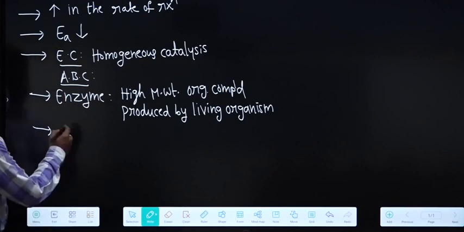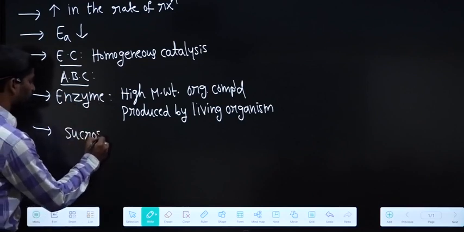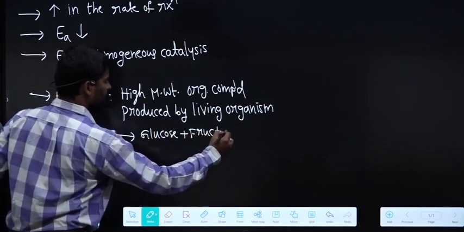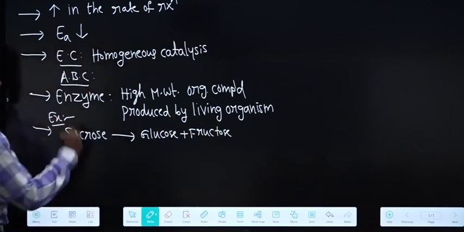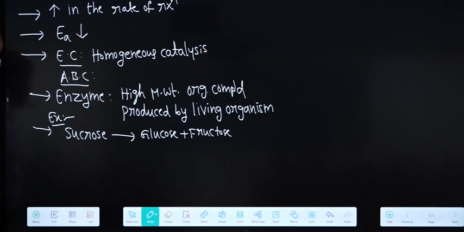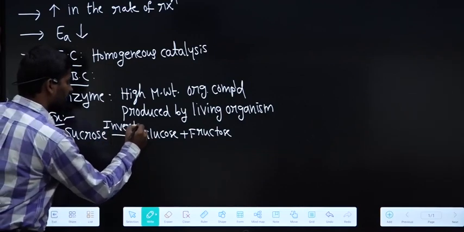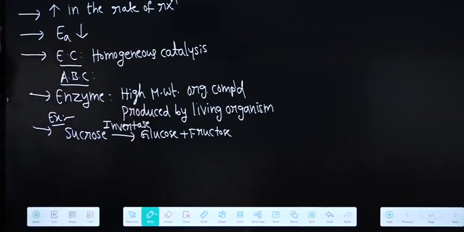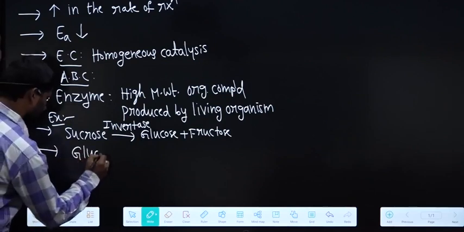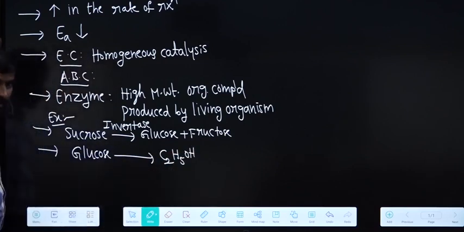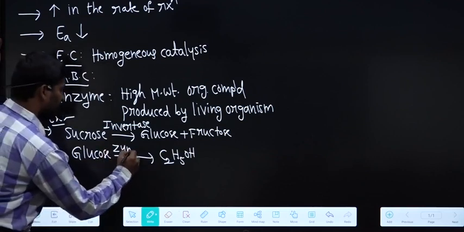Decomposition of sucrose to glucose and fructose is catalyzed by an enzyme, invertase. Glucose to ethyl alcohol is catalyzed by which enzyme? That is zymase.